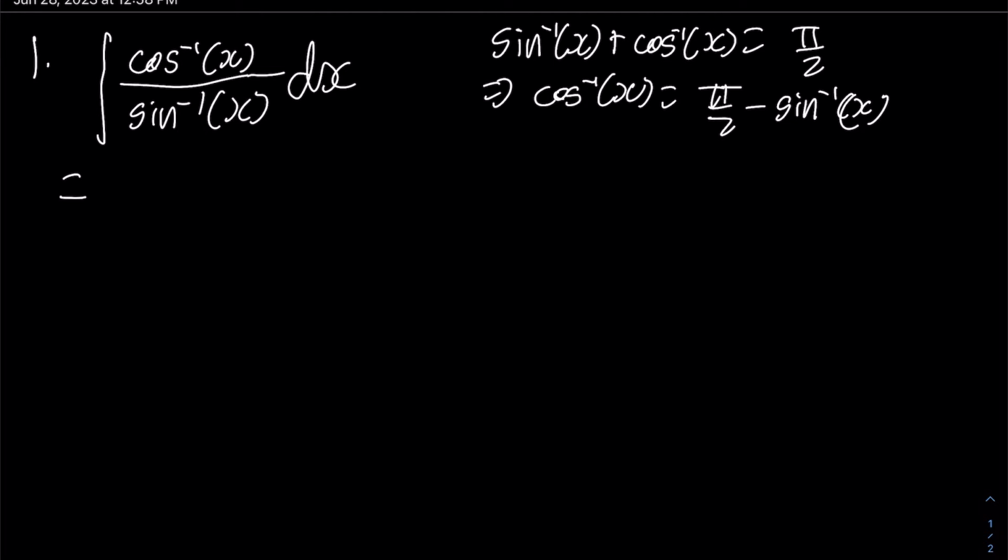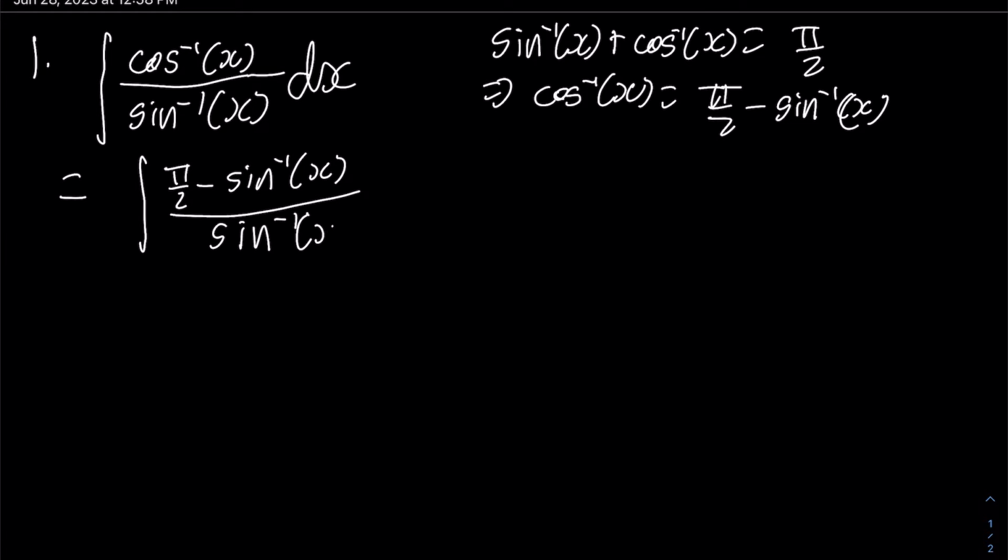So what we do is we have the integral of pi over 2 minus the inverse sine of x over the inverse sine of x dx, and what we see is that we can actually split the fraction, and integrals are linear operations, so we can also split the integrals. So this would be one of our integrals, and this would be one of our other ones.